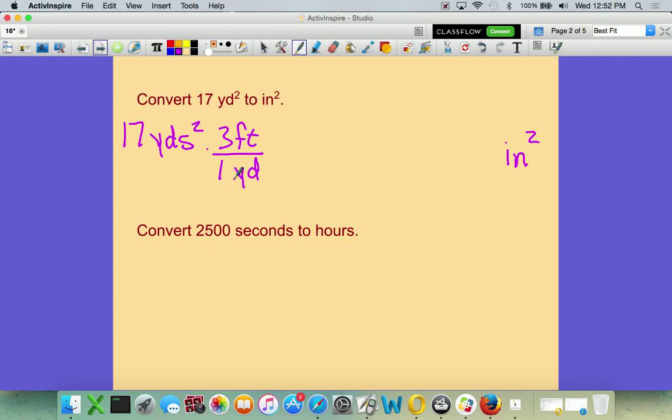Here's 1 yard, and then we can cross off one of those. We still have another one left, so we've got to go ahead and do it again. And there go both of the yards there. Now we've got 2 feet. We need to change feet to inches. Well, there are 12 inches in 1 foot.